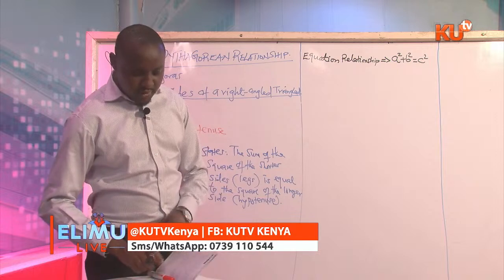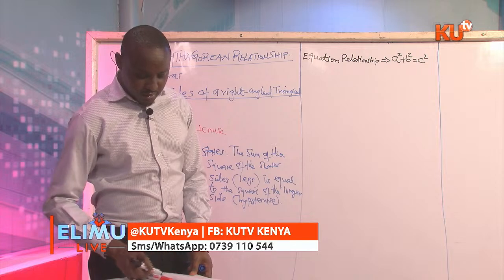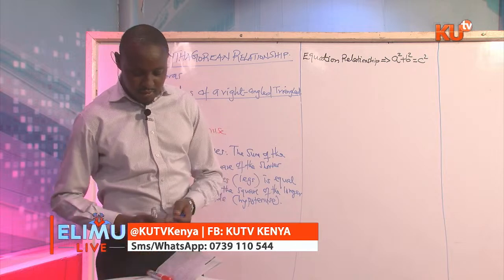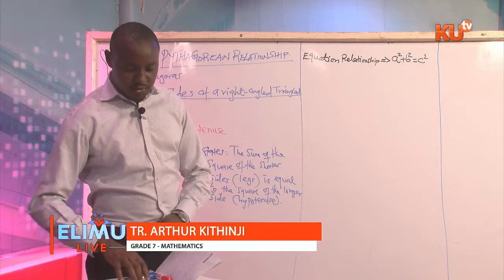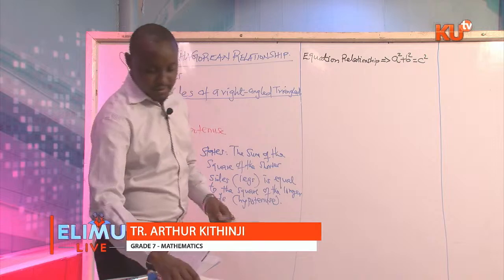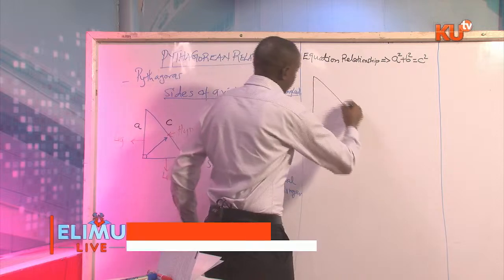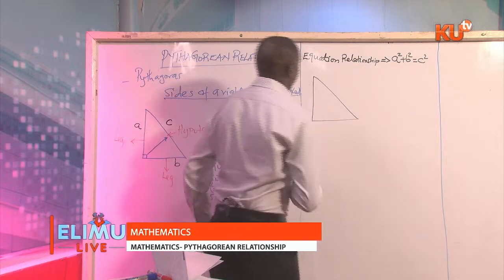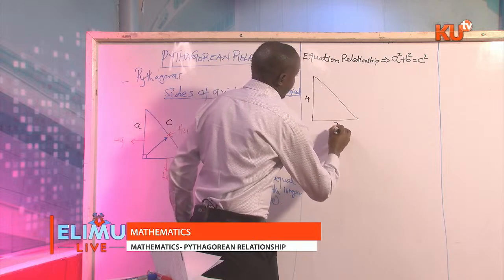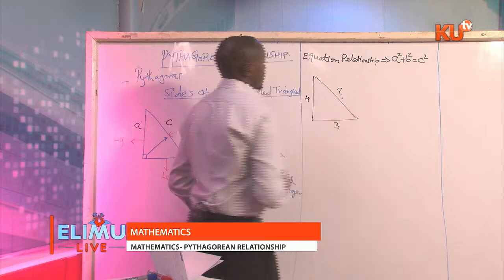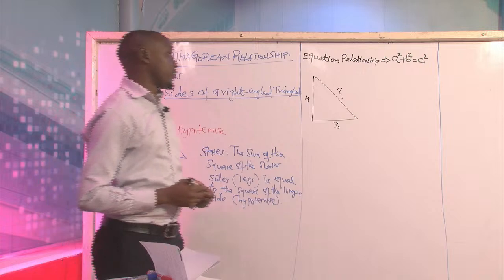So let's use the Pythagorean relationship to get a missing side. If you are given a right-angled triangle, you are told that this side is 4, this side is 3, then you are asked to find the missing side, which is the hypotenuse, using the Pythagorean theorem.